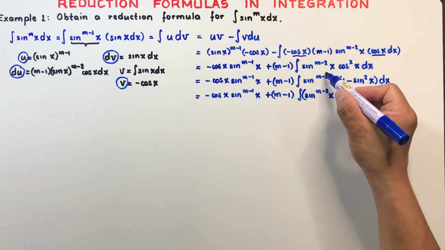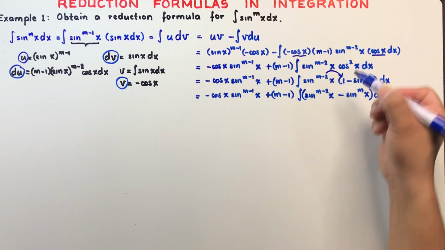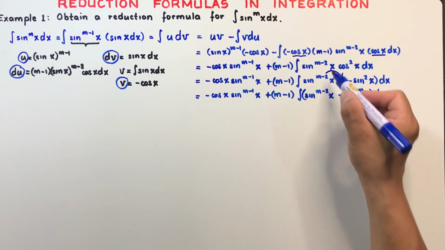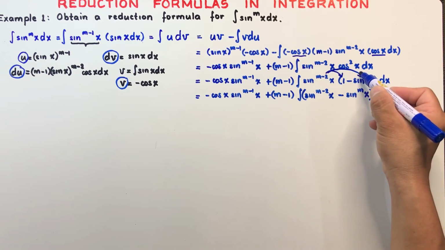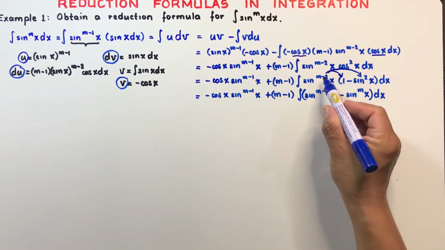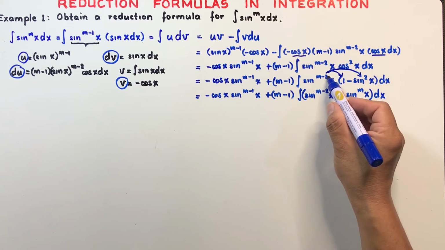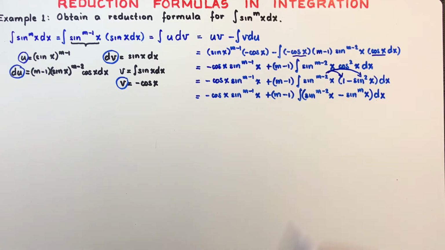Because when you distribute this 1 to 1, this is our answer. And this also, when multiplied to this one here, the exponent will be added. So m minus 2 plus 2 is just m.